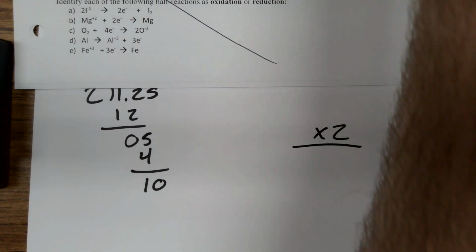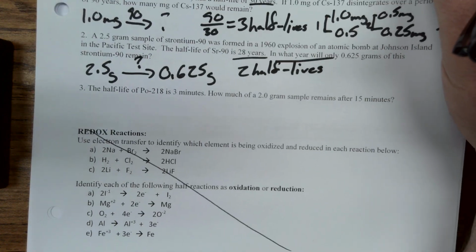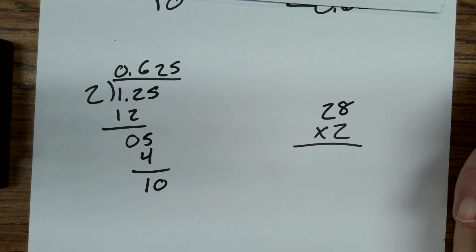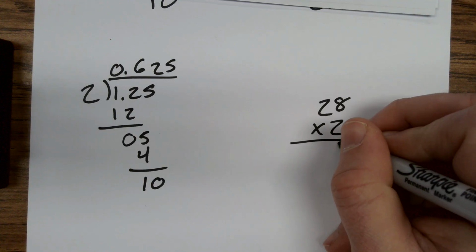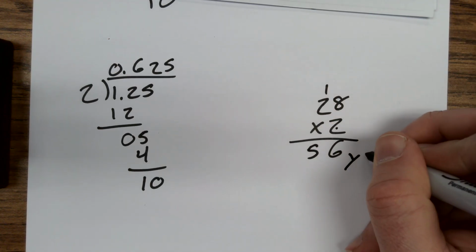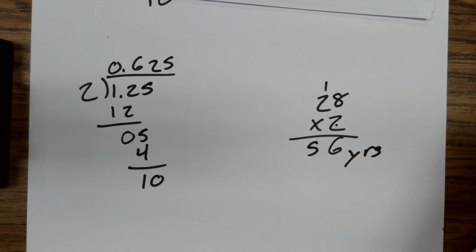What can I pull from my question to tell me how many years it takes for a half-life to go through? 28. So 2 times 28. 56 years have passed.